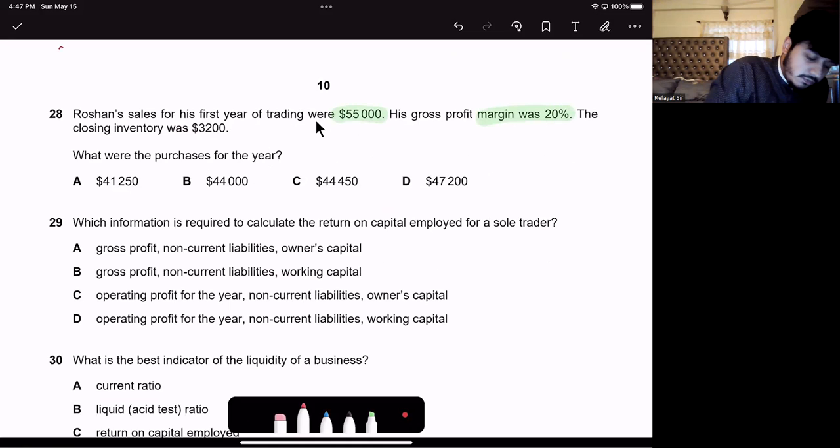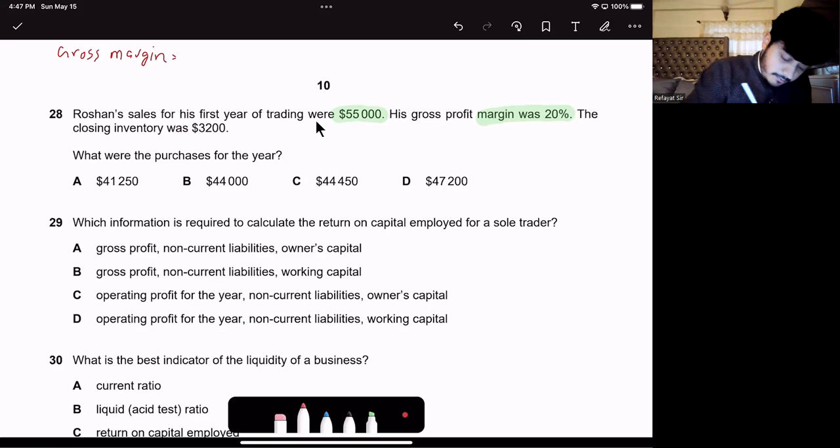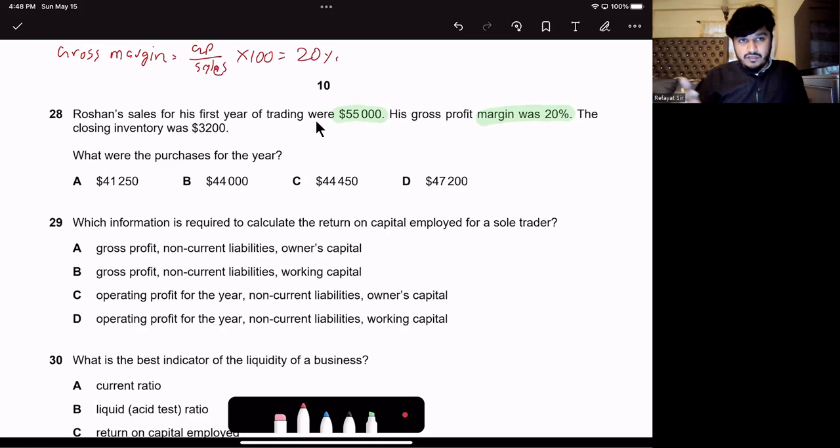We all know that gross margin is equal to gross profit divided by sales into 100, which is 20% according to the question.